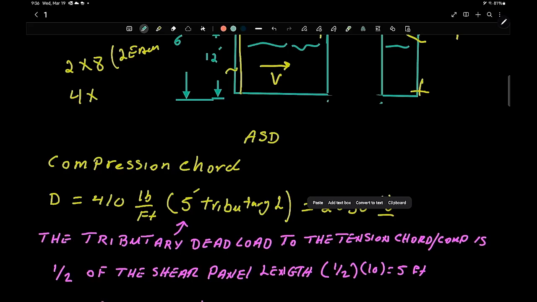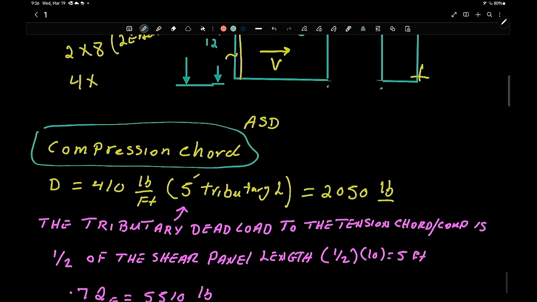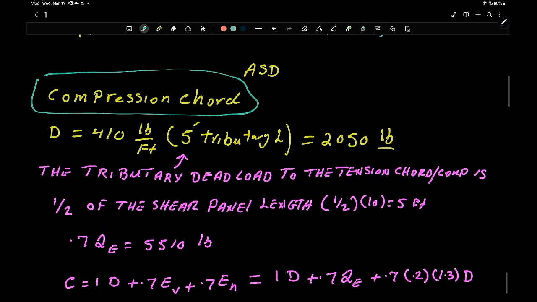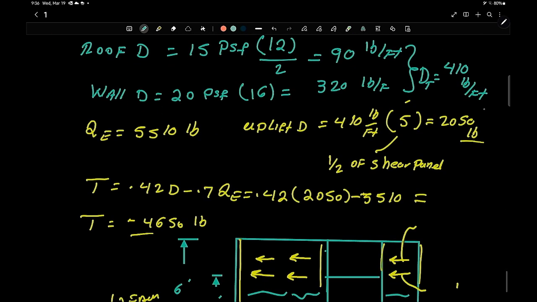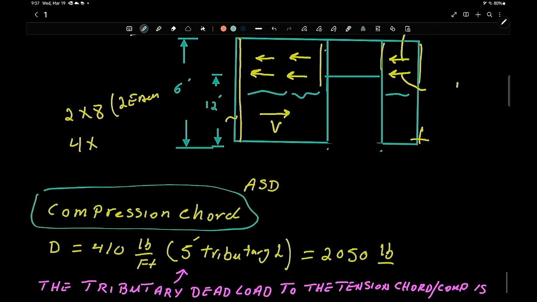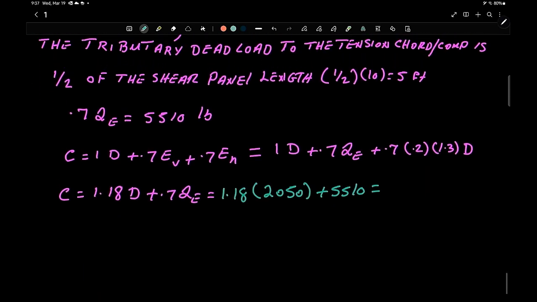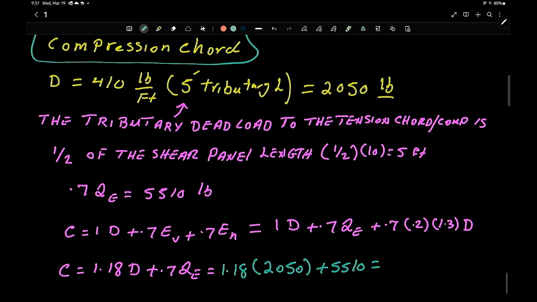Okay, we're going to jump into a compression chord here. Right here, the dead load was 410, which we already calculated from back here, and multiplying that by the tributary width, which is basically half of the shear panel, comes out to 2050, and we already know 0.7 QE is equal to 5510 pound.